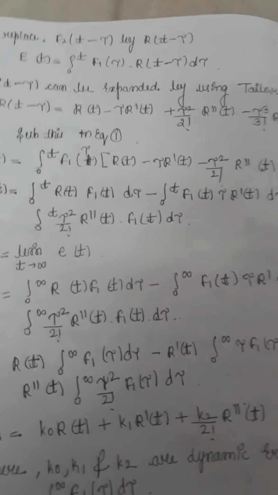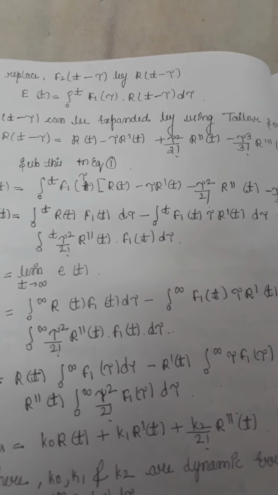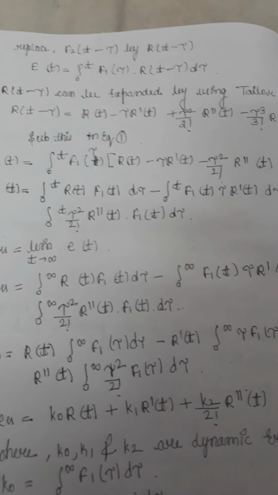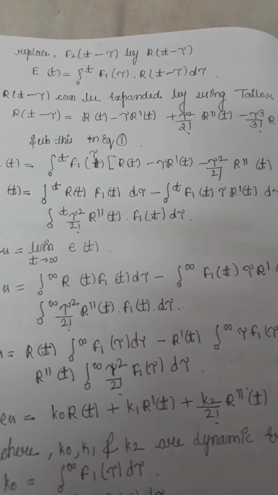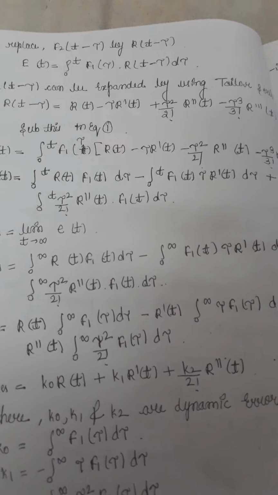Replacing f2(t minus tau) by r(t minus tau), in that equation e(t) is the integration from 0 to t of f1(tau) into r(t minus tau) d tau. Now r(t minus tau) can be expanded by using the Taylor series, which we have studied in mathematics.